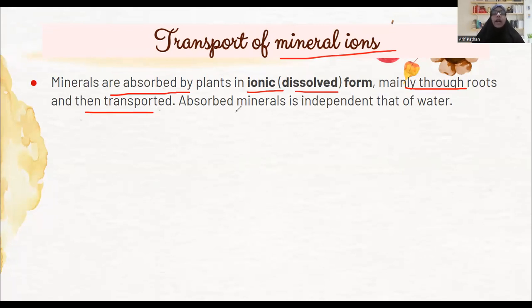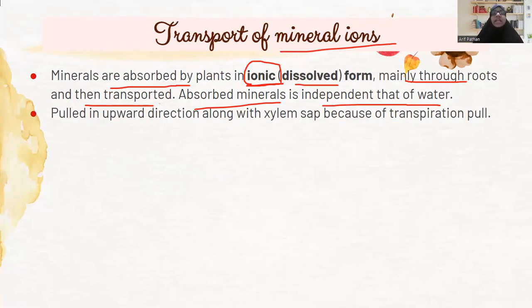Mostly they will be in the dissolved or the ionic form, and absorbed minerals are independent of water. So it is not necessary that absorbed minerals will always require water.